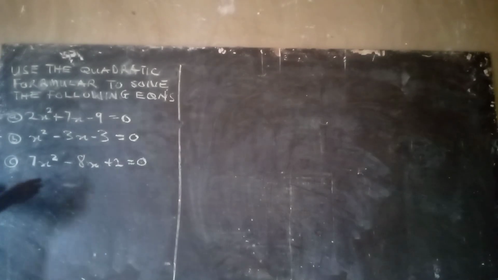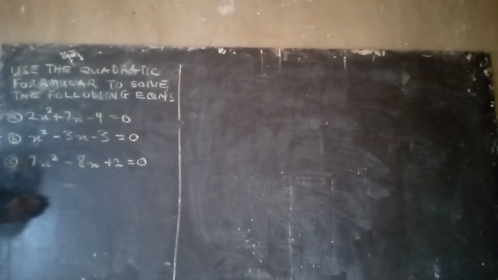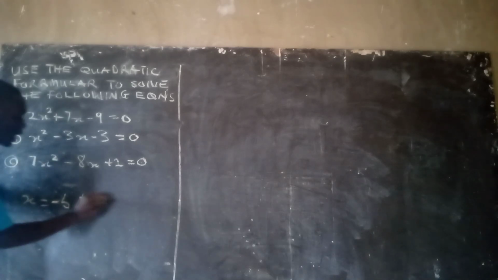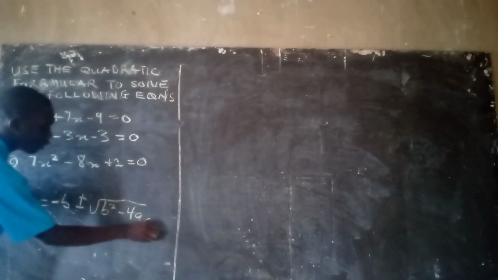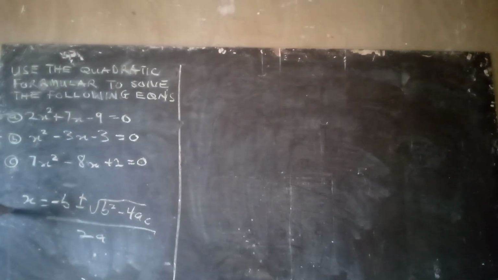The formula is x is equal to negative b plus or minus the square root of b squared minus 4ac, all over 2a. So this is the quadratic formula.